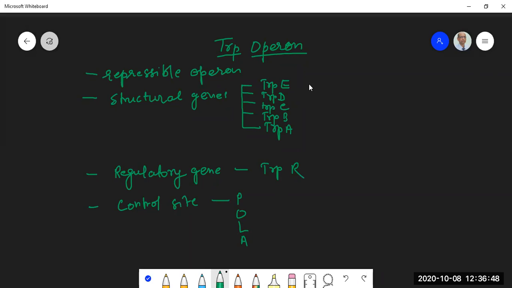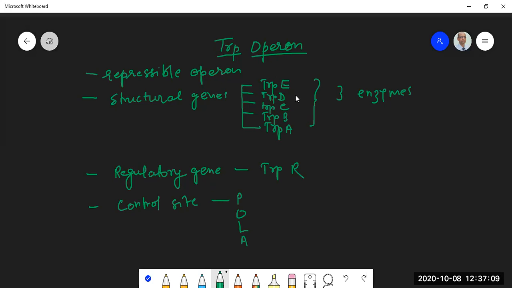Now these 5 structural genes together code for 3 enzymes. So now you can understand why we say one gene, one polypeptide, because there are 2 enzymes which are coded by 4 genes.